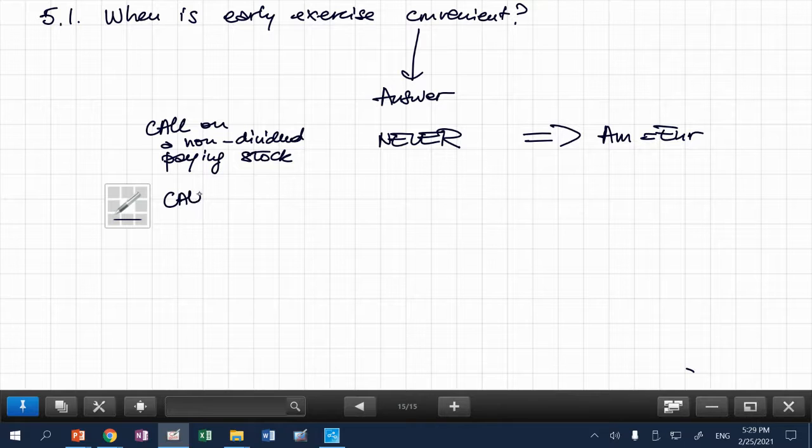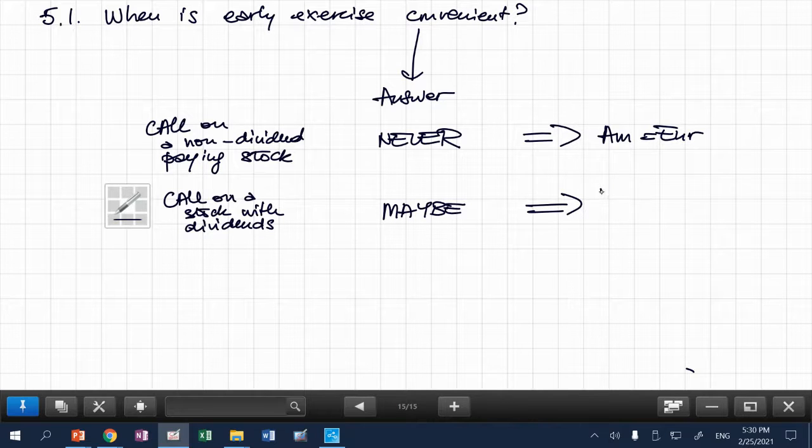Second case, a call on a stock with dividends, and here the answer is maybe. We do not say that whenever there are dividends, it's convenient to exercise early, but we're going to see that if dividends are sufficiently large, not trivial, early exercise can become convenient.